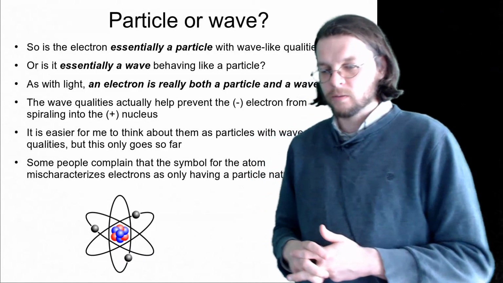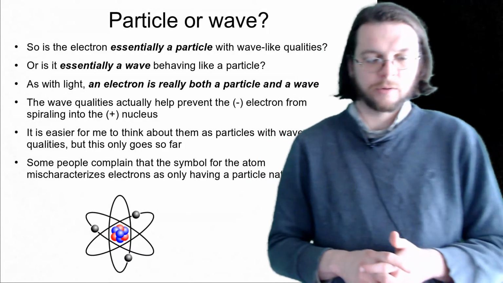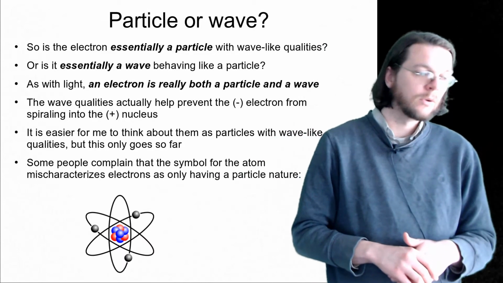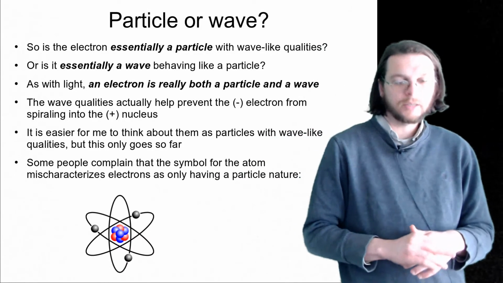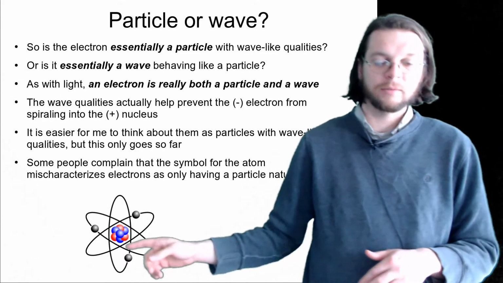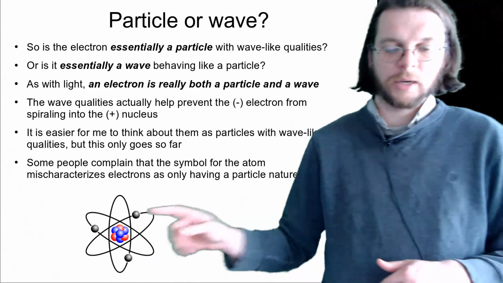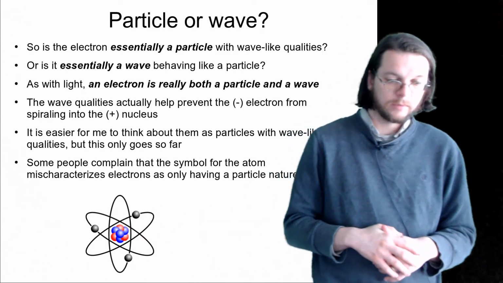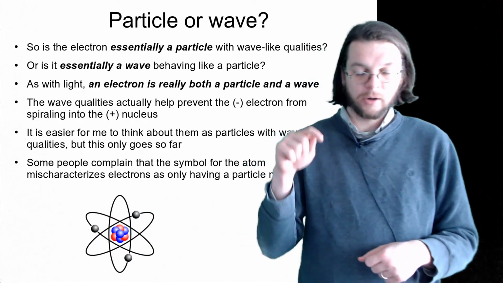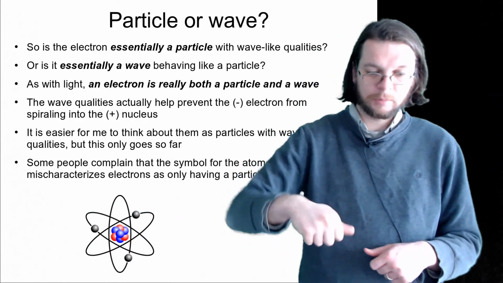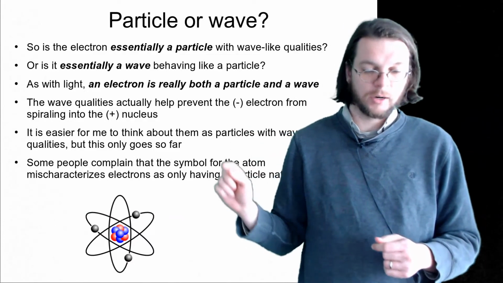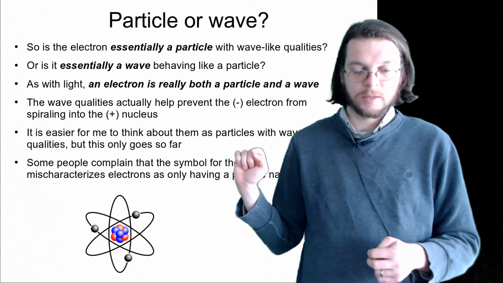I think for me, one of the best reminders of the wave-like nature of the electron, besides the experiment I just talked about, is the question of why doesn't the electron just fall into the nucleus? So you have this positively charged nucleus, you've got electrons, and the classical picture is that the electrons are orbiting around the nucleus. Well, that's fine, but when I go over to a table and I knock on the table, why don't I displace at least one electron enough that it would spiral into the nucleus?